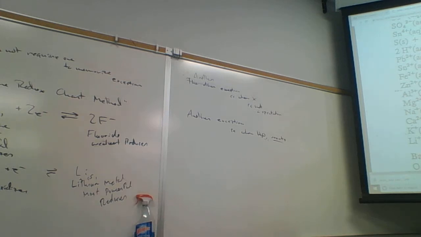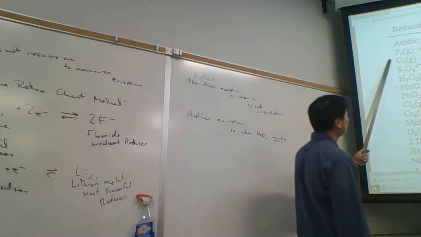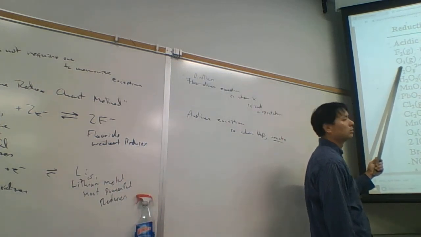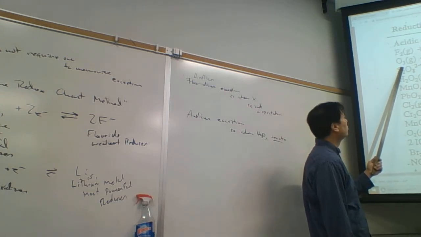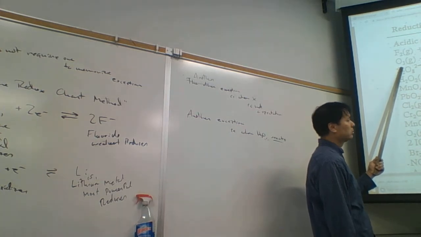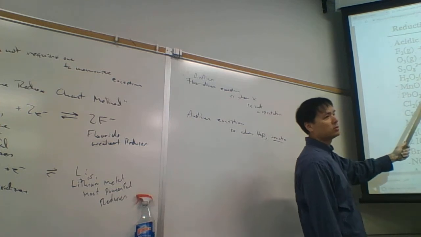Let's take a look at the oxidizers, and see if we can name them. The strongest is fluorine. The next would be, you know what O3 is called? O3 is called ozone. And what's H plus called? H plus is called acid.